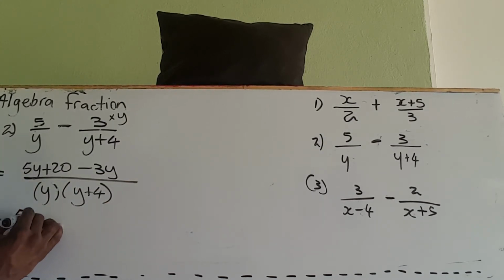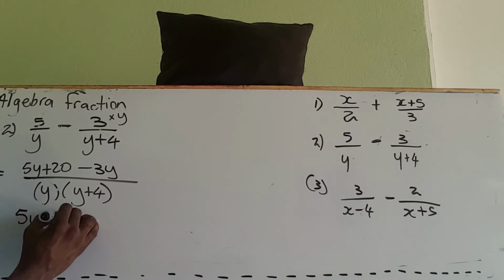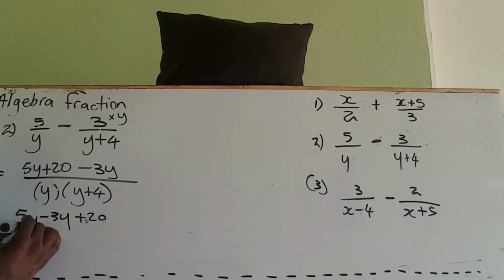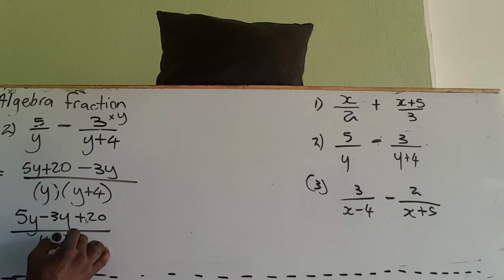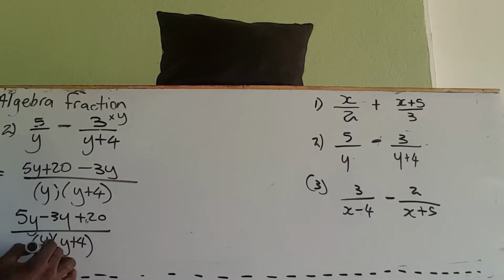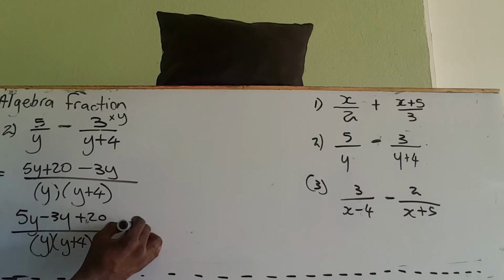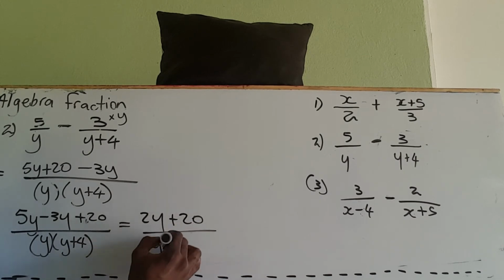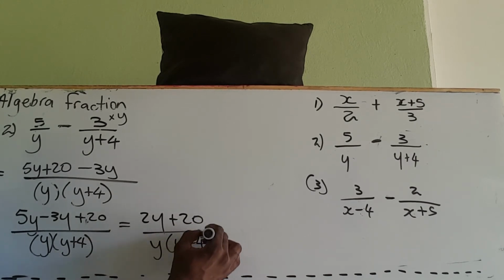We could call it the like terms. 5y minus 3y plus 20. And all of this is over y plus 4. You could put the bracket or not, it's up to you. Then the final thing is 2y plus 20 all over y plus 4.